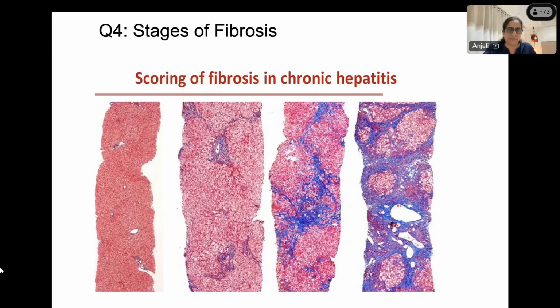Extreme left. Ma'am, there's no fibrosis. Excellent. So there is no fibrosis. This is a nice linear core, no inflammation, no fibrosis. Yoshita, on extreme right, what is the score for this fibrosis? Cirrhosis, ma'am. Yes, perfect. So this is cirrhosis. Now, the middle two.